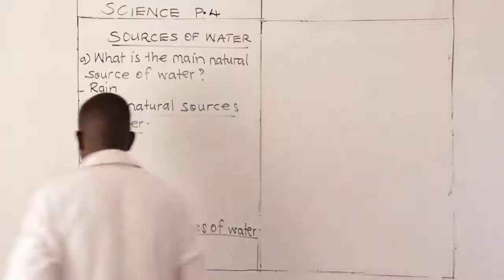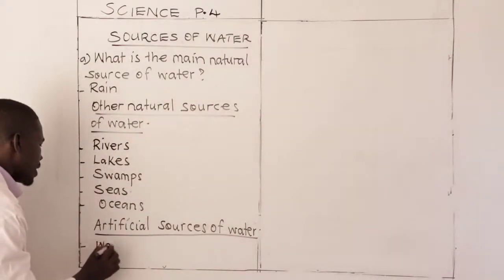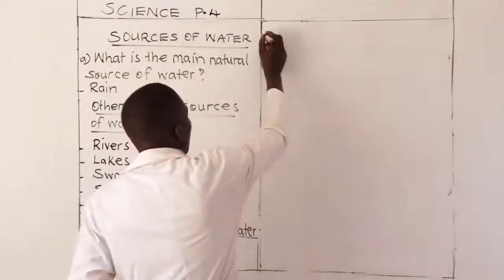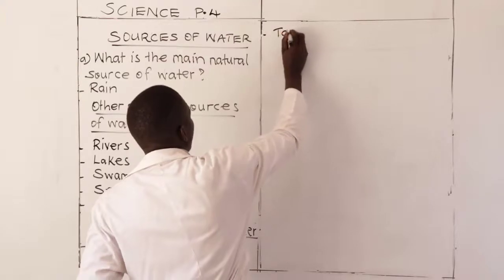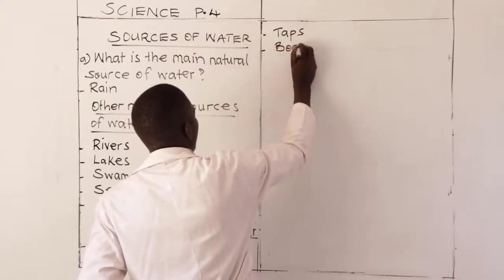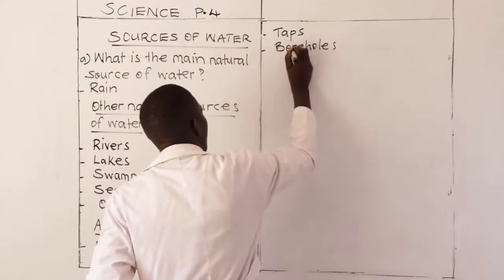One, we have taps, artificial sources of water. We have wells. There are wells which are made by people. We have boreholes as artificial sources of water.